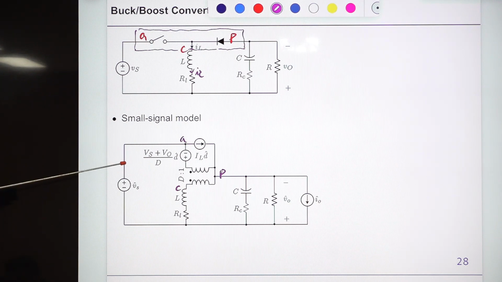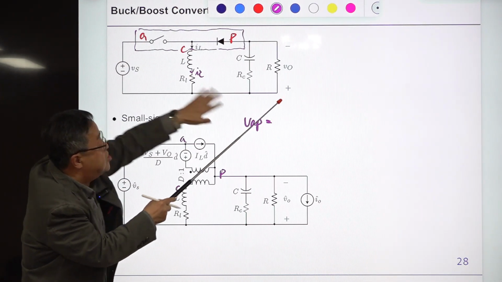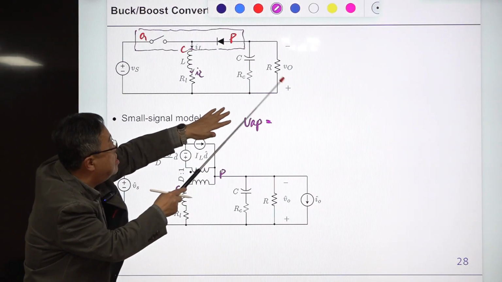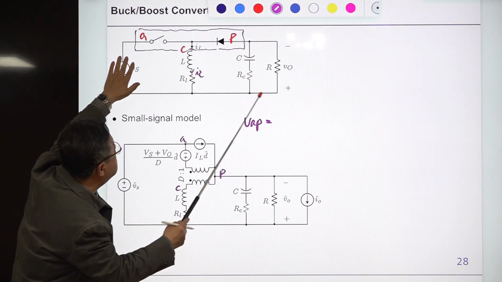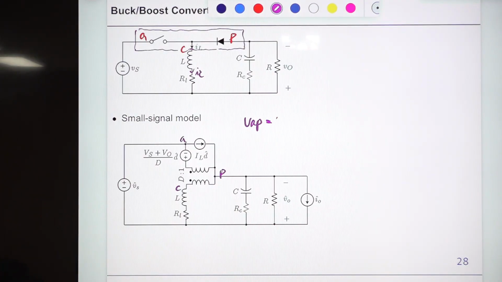Originally this was VAP, the DC voltage between the A and P terminals. So VAP is the voltage across here, and because the polarity is reversed, this times this is the voltage across AP. So this is VS input voltage plus VO output voltage, and IC, the current leaving the common terminal, is the same as IL.